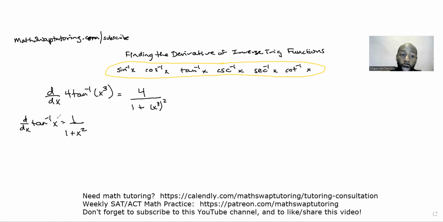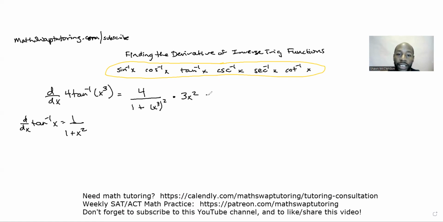So whatever the argument is, squared, is the key. All right, that's the derivative of the outside piece times the derivative of the inside piece. The derivative of x cubed is 3x squared.